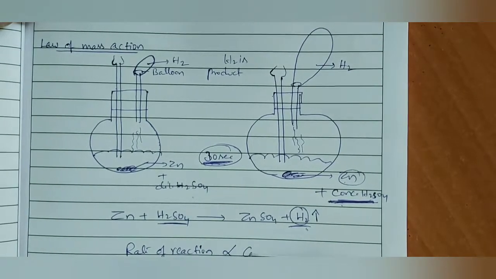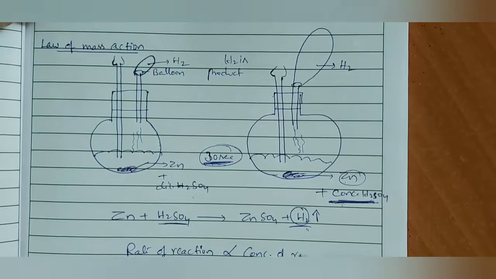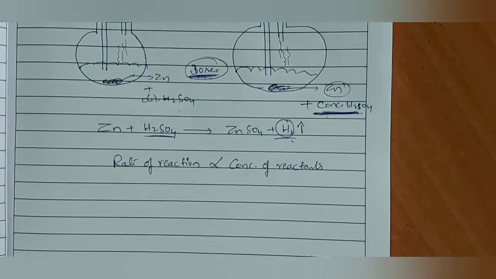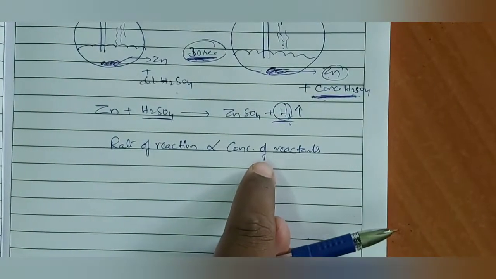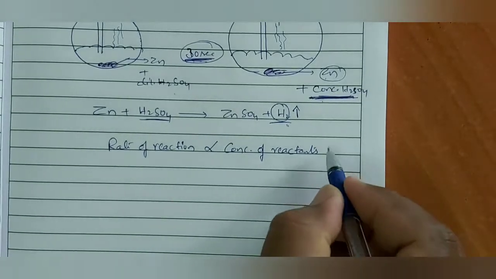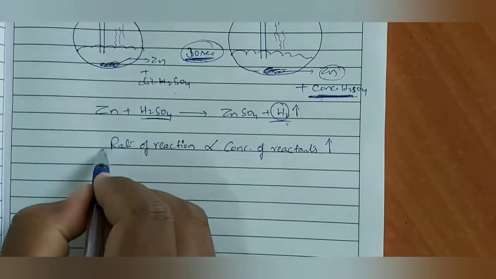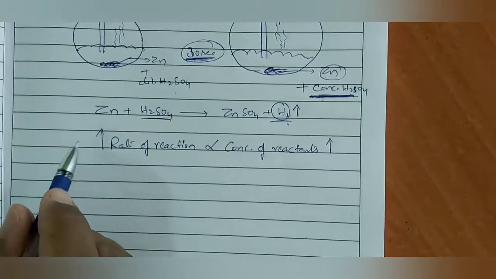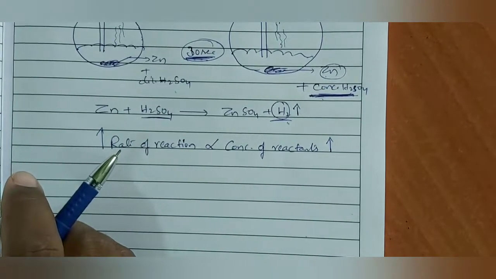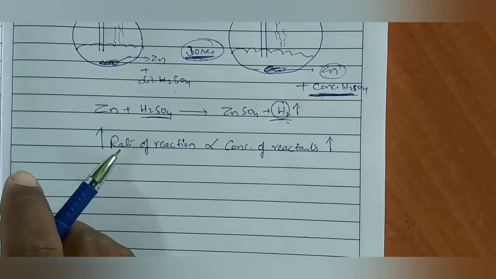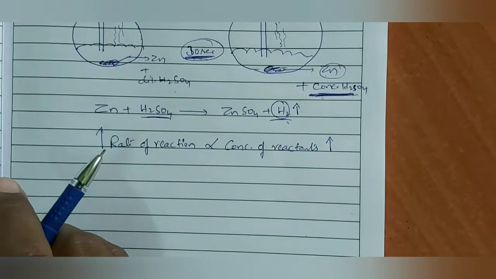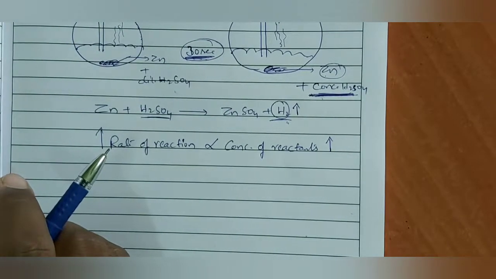directly proportional to the concentration of reactants. When the concentration of reactants is increased, the rate of the reaction also increases and the reaction is completed faster, or more products are formed in the same time.